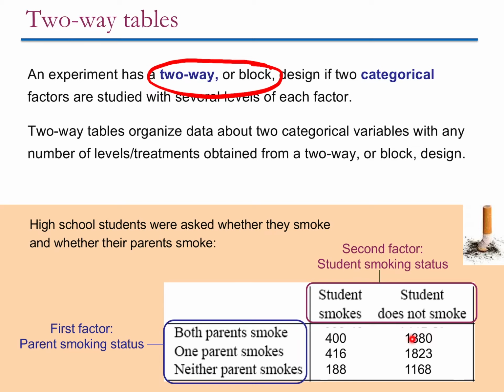Here we had 1,380 students who identified as not smoking, but also lived in a two-parent smoking household. So the relationships can be quite complicated, but the chi-square for two-way tables makes it pretty simple to figure out if there's a significant relationship between these two variables.